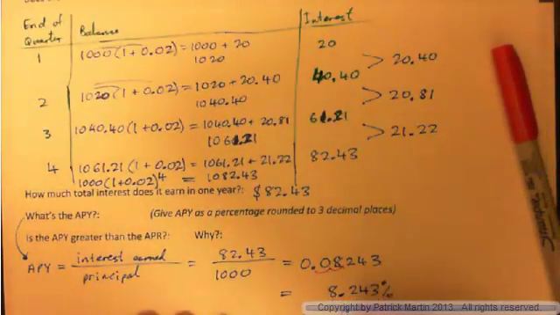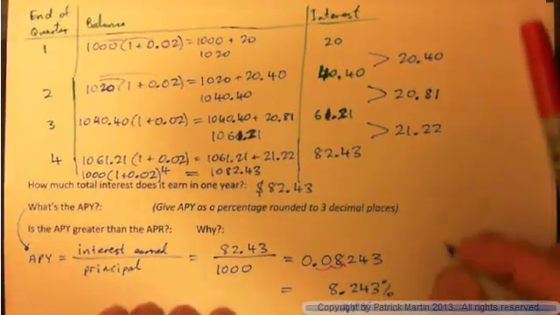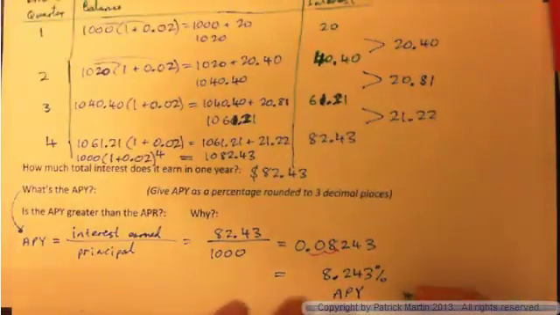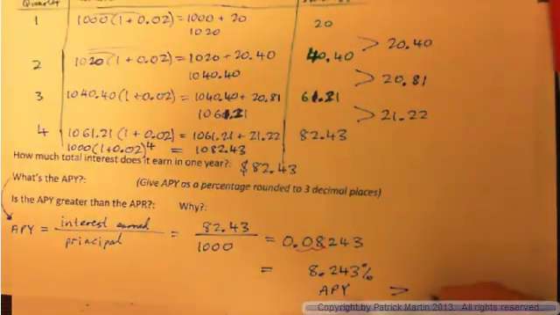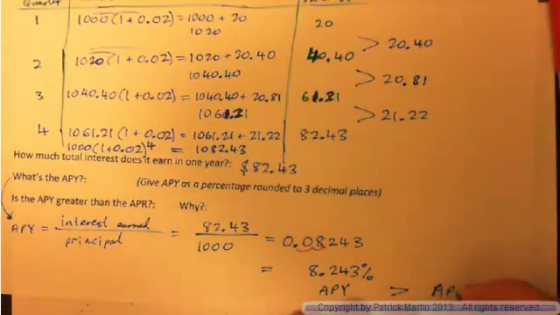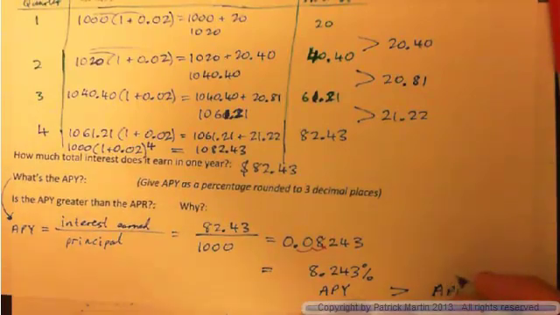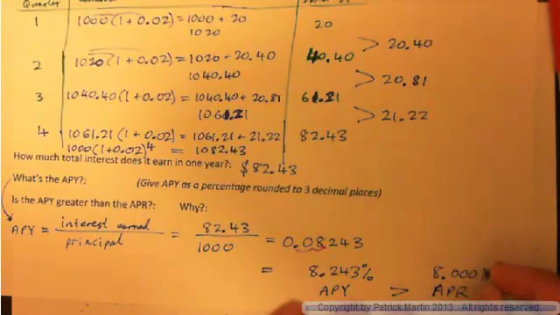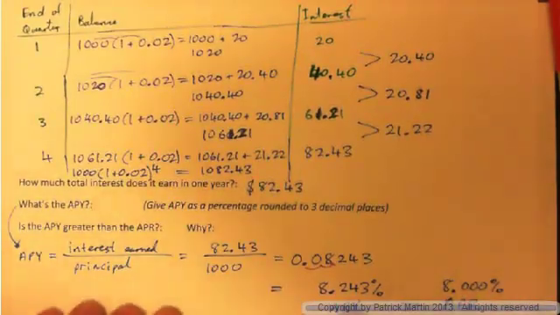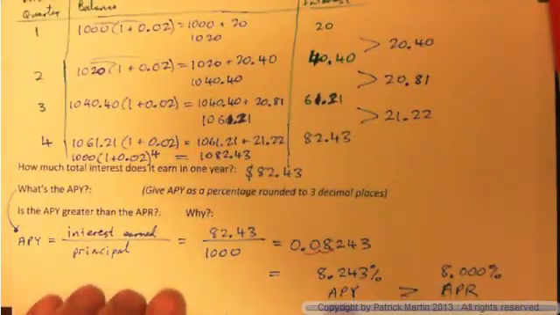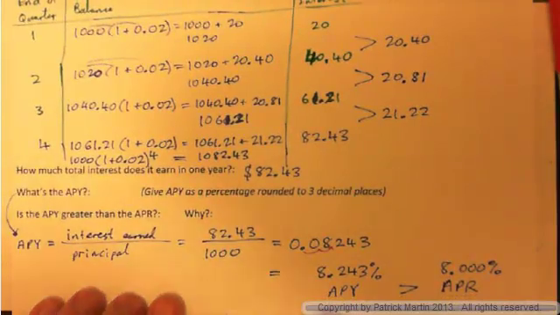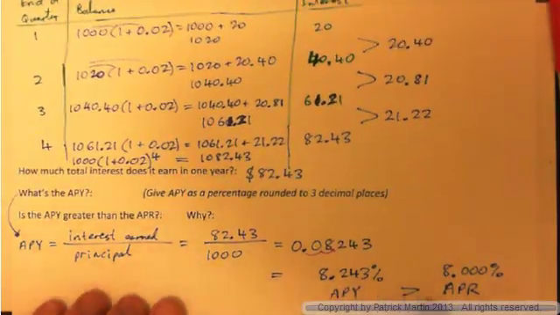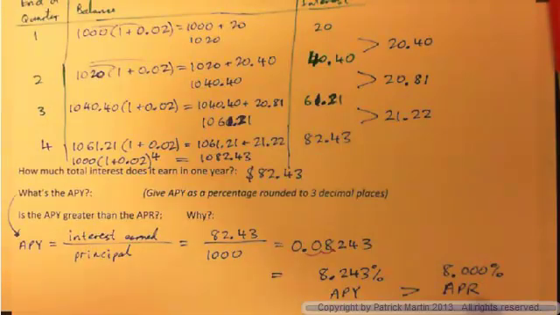This is our APY, and that is more than the annual percentage rate, which was 8%, or 8.000% if you want a direct comparison. Does that make sense? The annual percentage yield is 8.243%, which is more than the annual percentage rate of 8%.